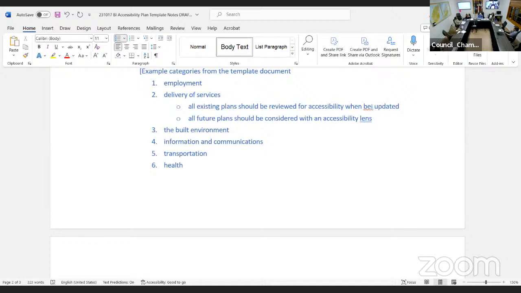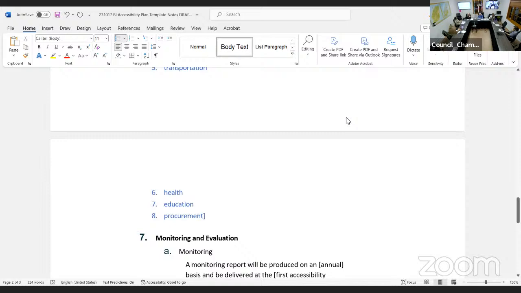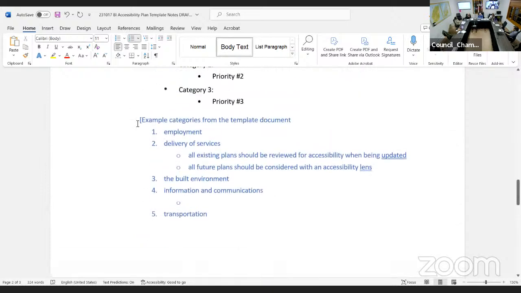Daniel could speak to that more maybe, but the idea is also that if there's an accessibility plan that we've created and looked at other documents in the process, that's the plan to reference for future policy development or whatever.